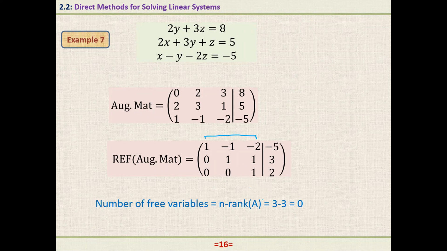So that means if we solve this, we will have no free variables. All will be leading variables. That means that x, y, and z will have exact numbers. They will not be dependent on any other parameter.